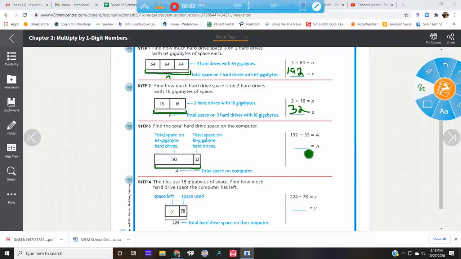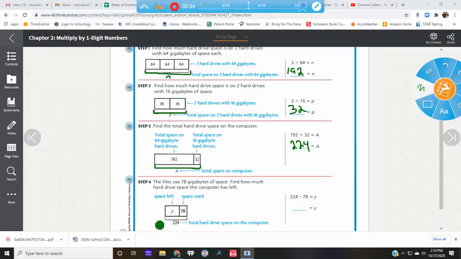So 192 plus 32 is 224 gigabytes of space.